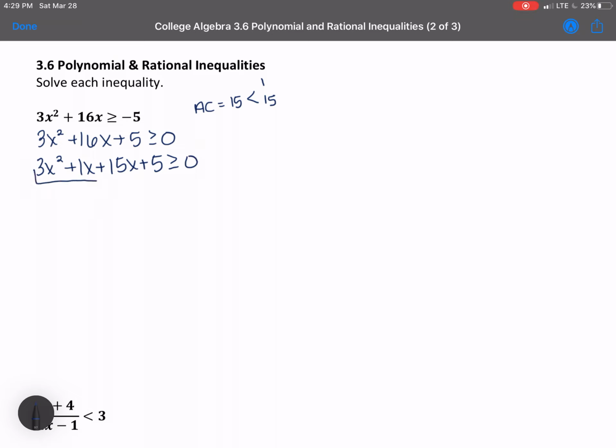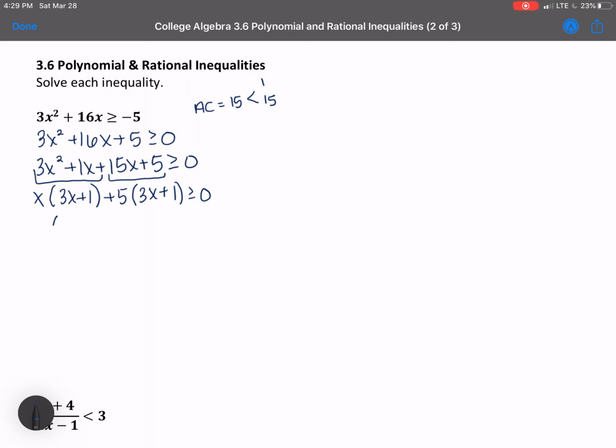Then we're going to factor by grouping. The GCF of 3x squared plus 1x is just x, and we're left with 3x plus 1, plus our GCF of 15x plus 5 is 5, and again left with 3x plus 1.